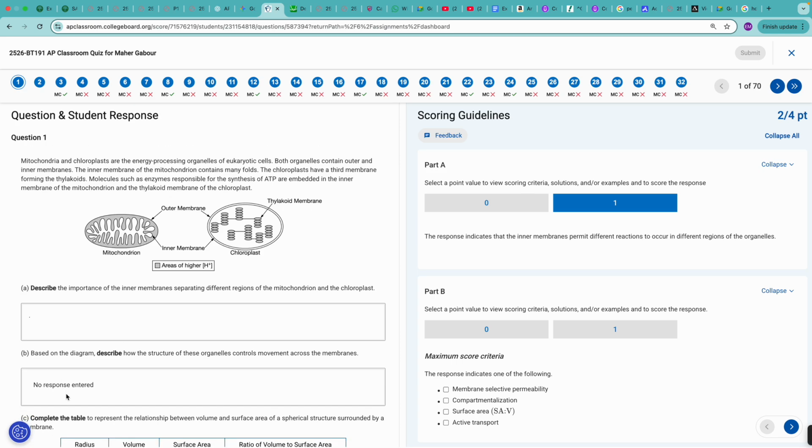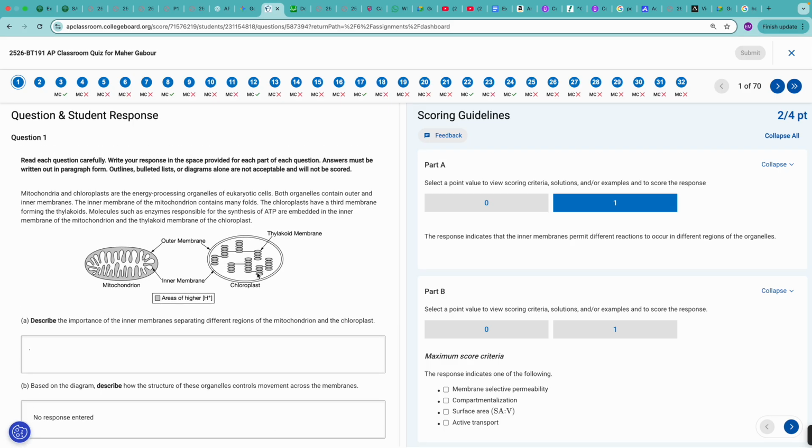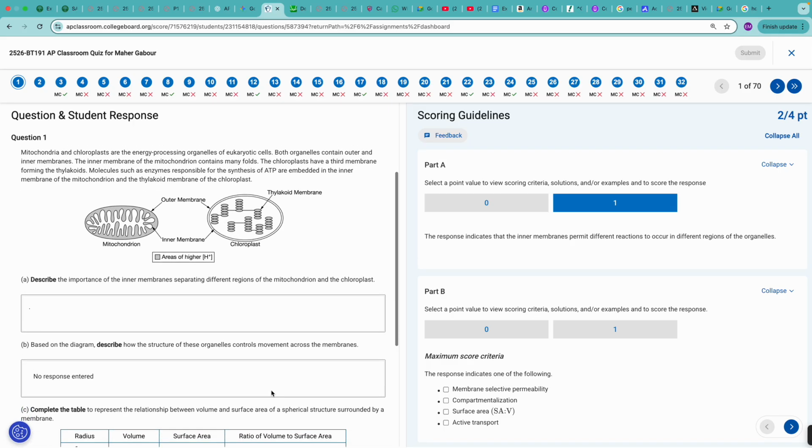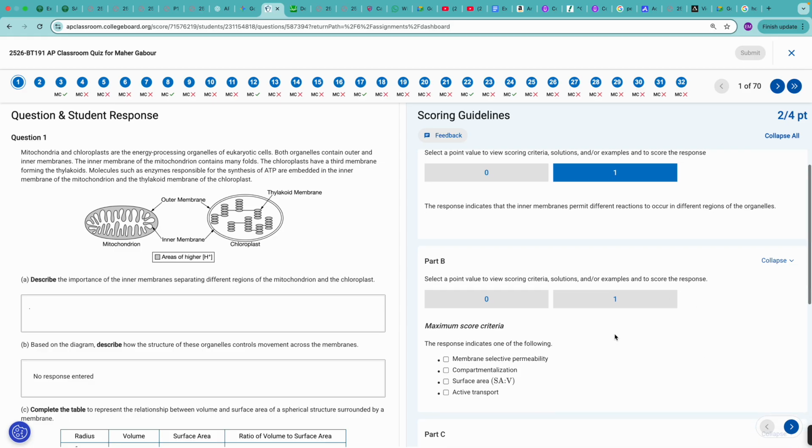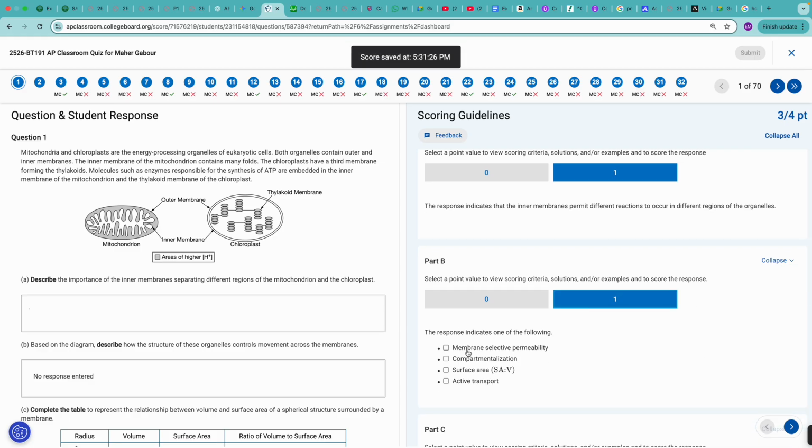Based on the diagram, describe how the structure of these organelles controls movement across the cell membrane. You just have to pick one of these. You can say membrane selective permeability, which I think is the best.